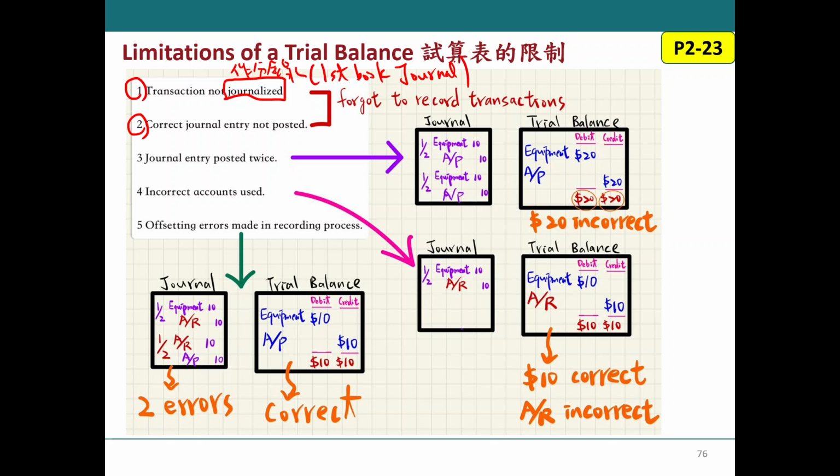Okay, or even though you recorded the transaction in the first book, you forgot to post it to your second book, the T account, right? So this kind of mistake, maybe we have: not posted.